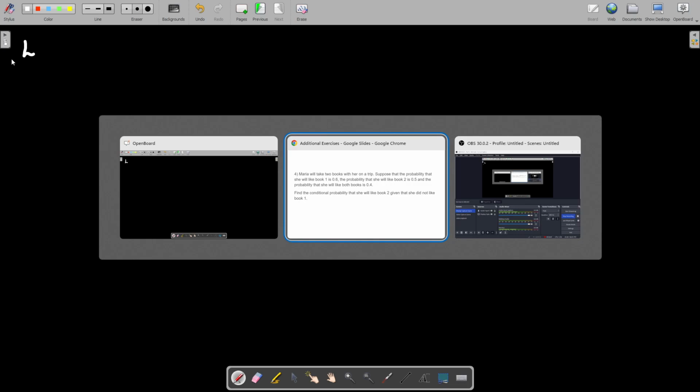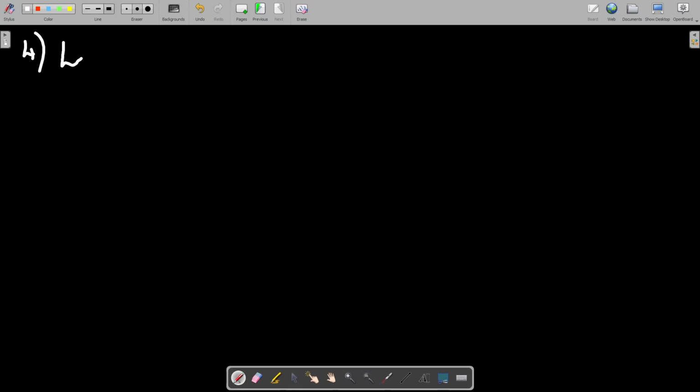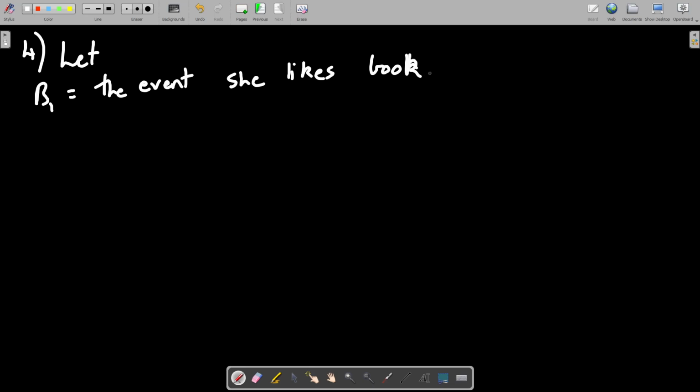So this is question number 4, I suppose. Let B1 be the event she likes book 1, B2 will be the event she likes book 2, and B1 intersection B2 is the event she likes both.